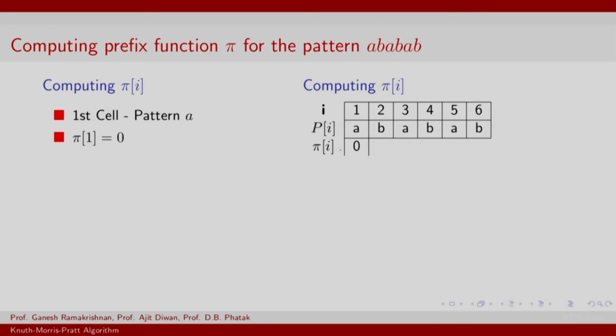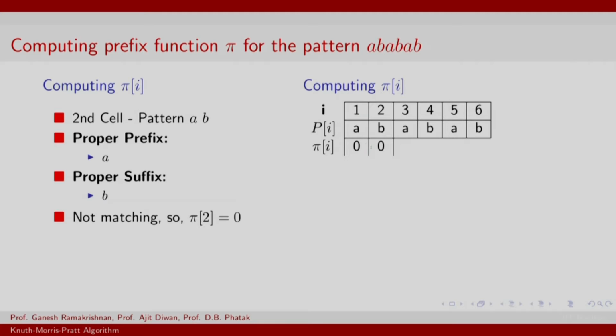So pi of 1 is 0. What about pi of 2? We have listed proper prefixes of P2 and proper suffixes as well, that is B. We find that there is no prefix of P2 that is a proper suffix of P2. So pi 2 is therefore 0.